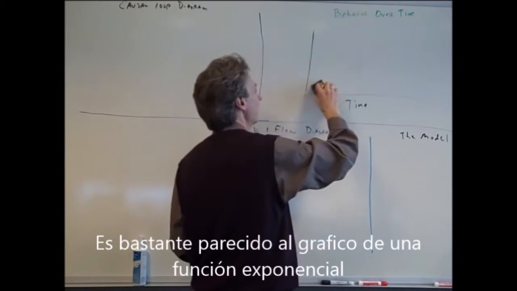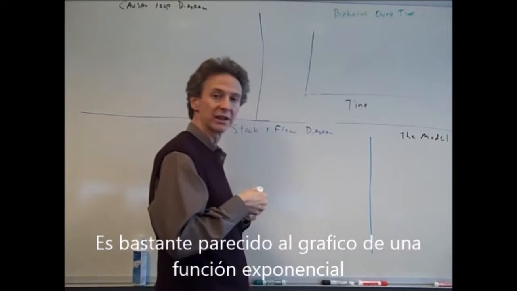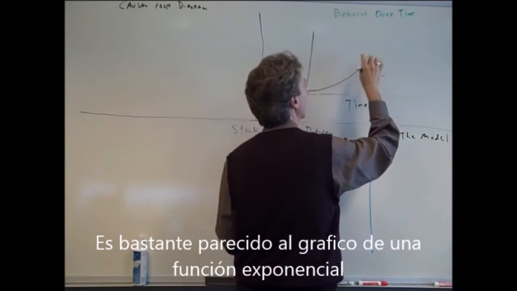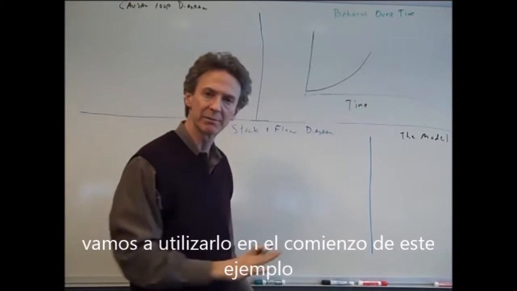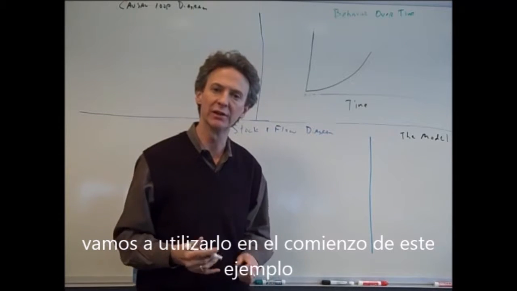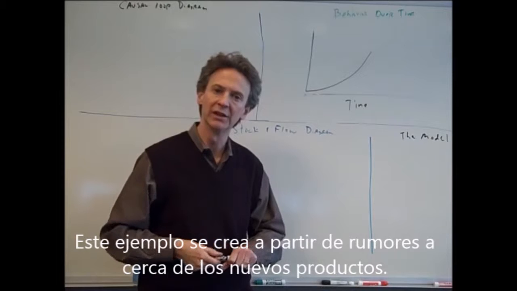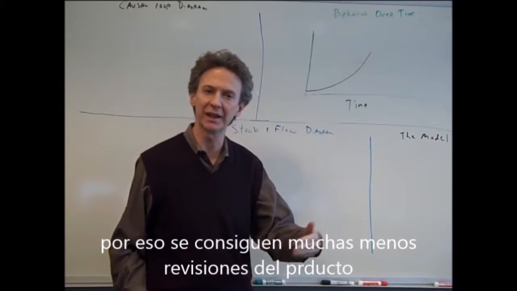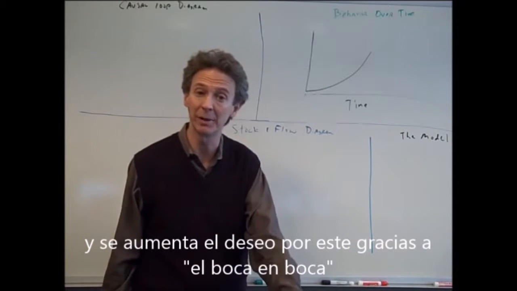And what I mean by that is it looks like this. It has a phase of exponential growth in the beginning. And the example we're going to use is word of mouth growth. So you have a new product, you get a bunch of customers using it, they like it, they tell other people about it.